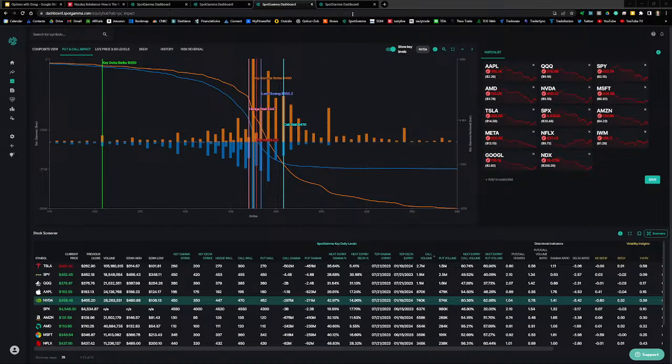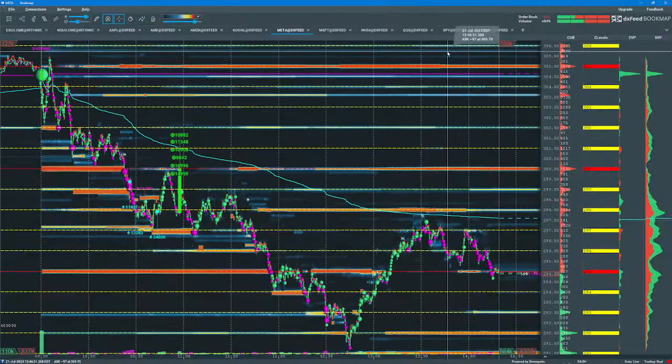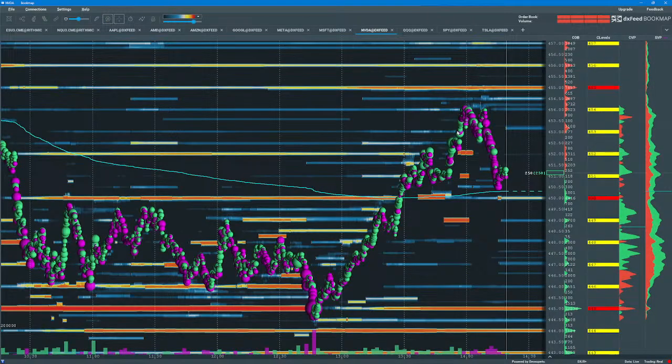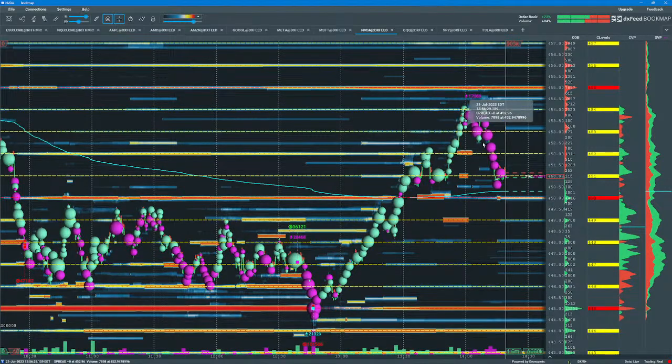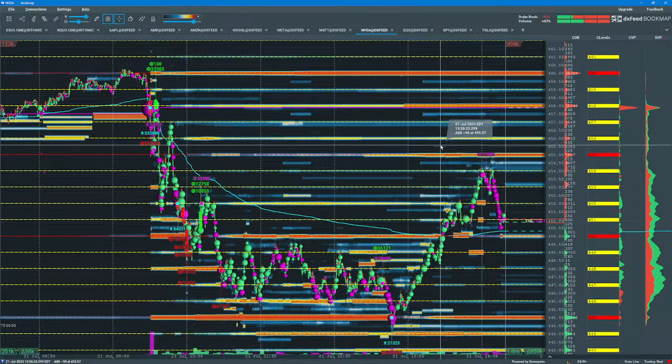Let's go back to Hero, then go back to Bookmap. Take a look at NVIDIA. So remember, for NVIDIA, the call wall is up above at 470.